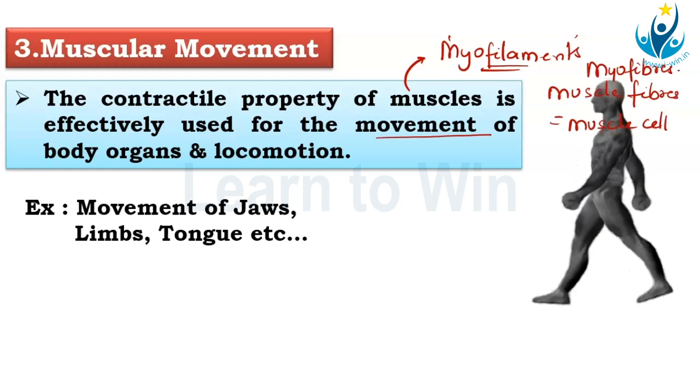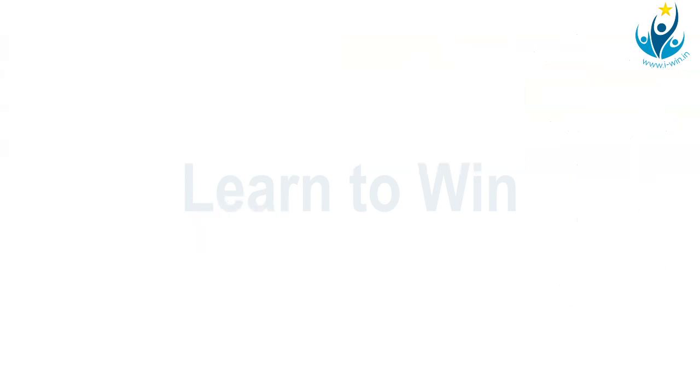In fact, in human beings, this movement and locomotion is not purely associated with muscles. It is associated with muscles plus certain bones that are joined to the muscles, and there are some joints present between the bones.